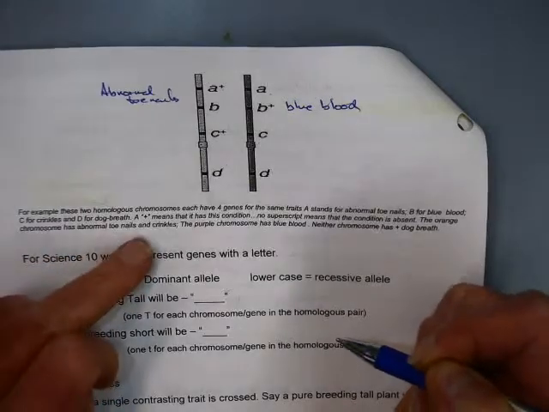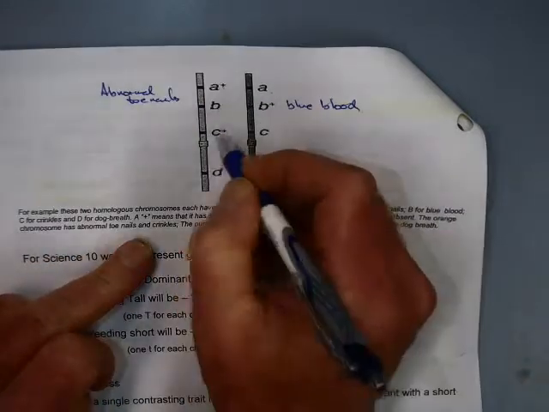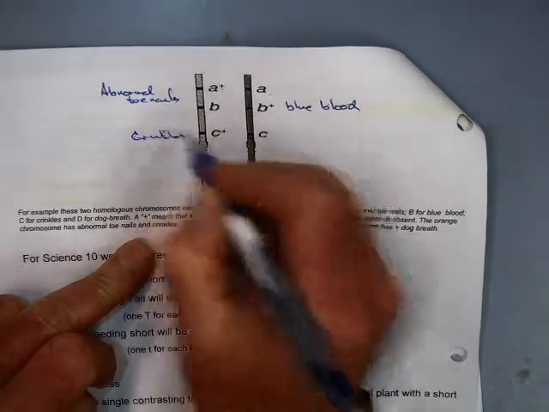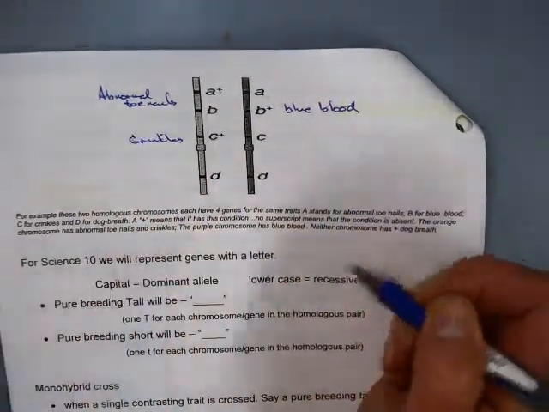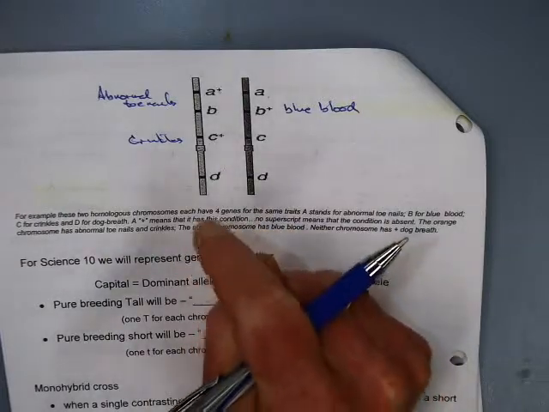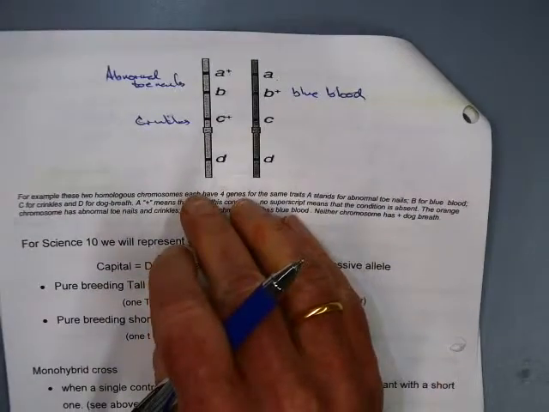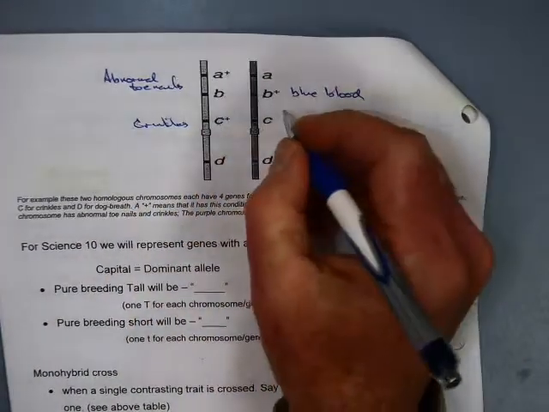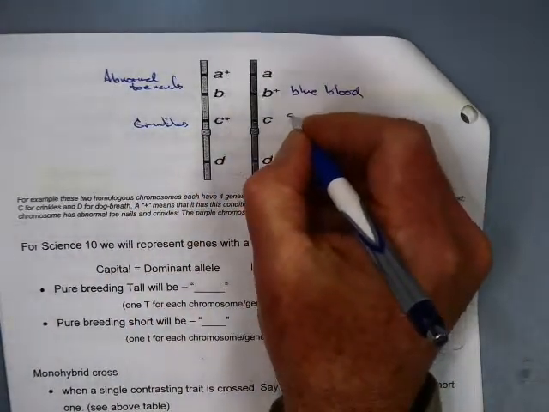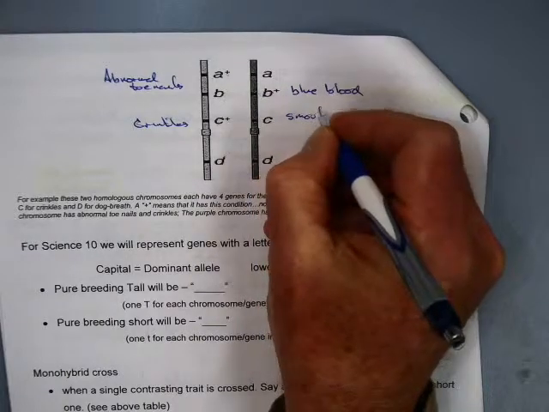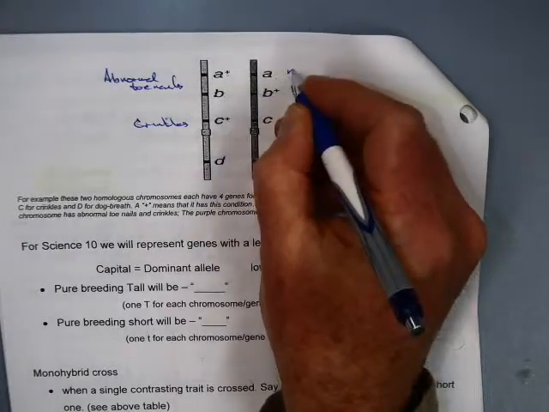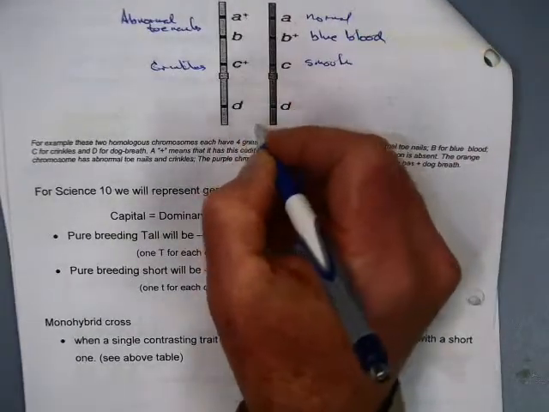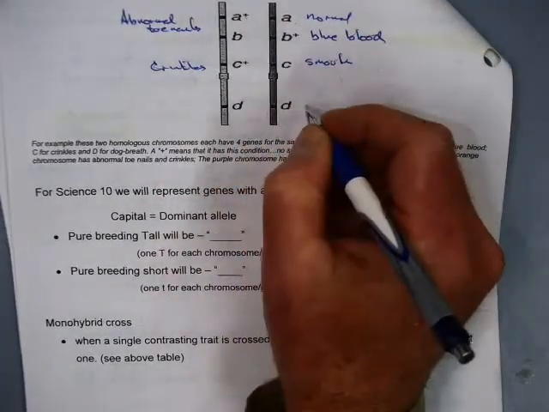C means crinkles. And D plus stands for dog breath. So in this case here, you have two individuals. So crinkles, or let's say smooth, normal, and I'm going to say D for dog breath.